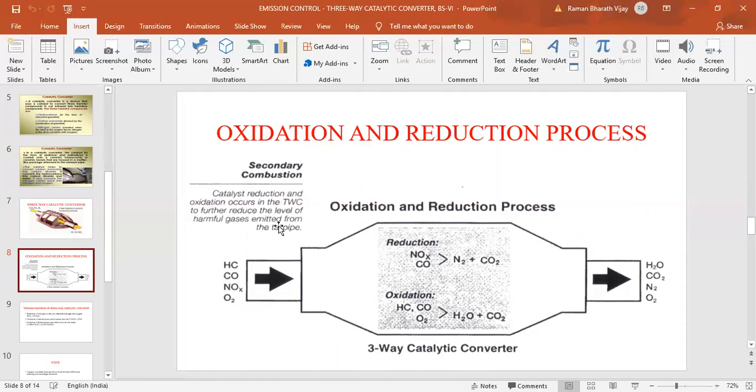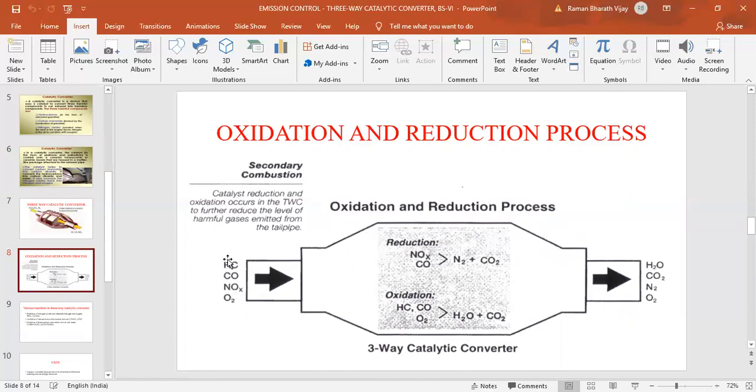This oxygen combines with carbon monoxide and carbon dioxide is formed. So you can see here that NOx, oxides of nitrogen, is converted into nitrogen, and carbon monoxide is converted into carbon dioxide. This is about the reduction process.